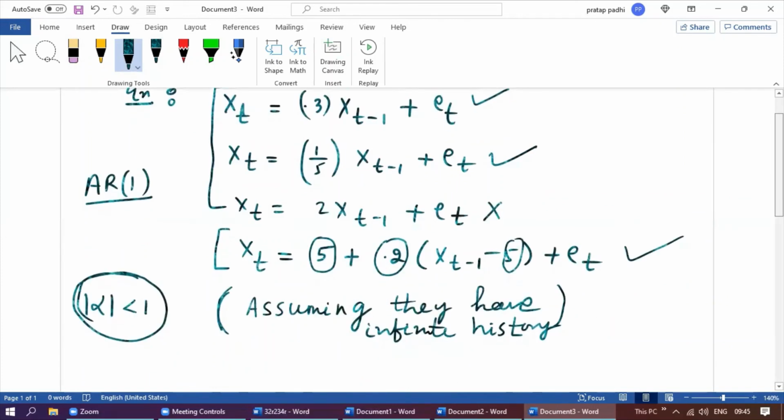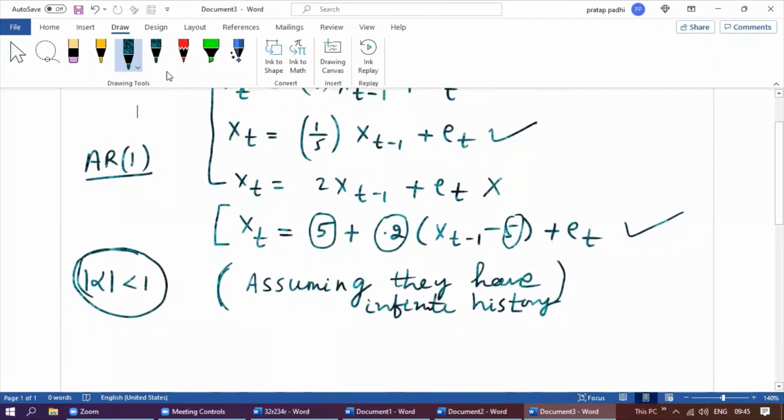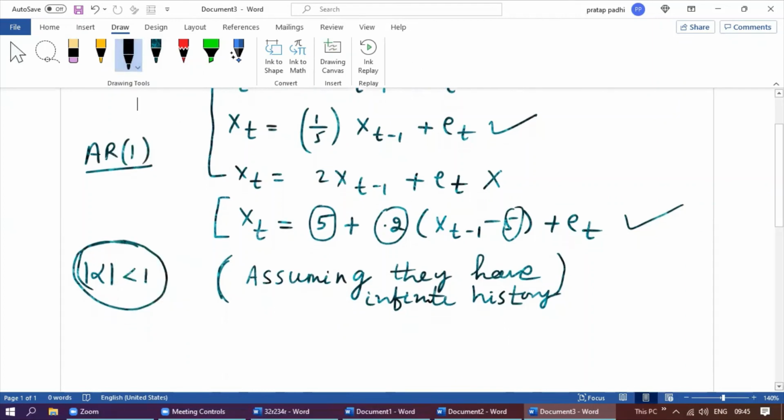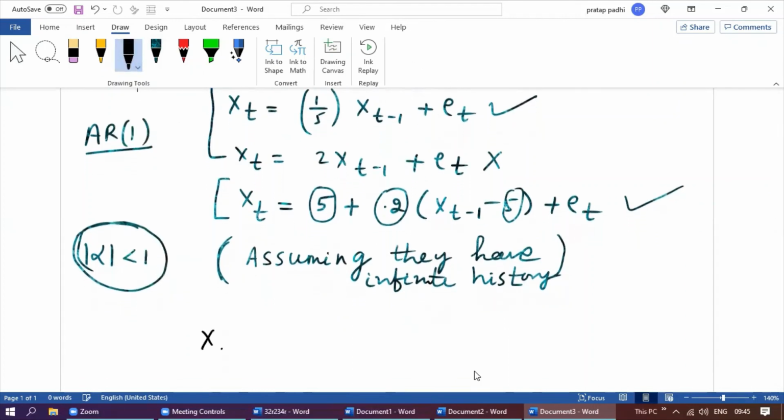This is extremely important. Now I have a question for you. You have to tell me whether this is stationary or not. Suppose I write xt is equal to 5 plus 0.2 xt minus 1 minus 4 plus et.